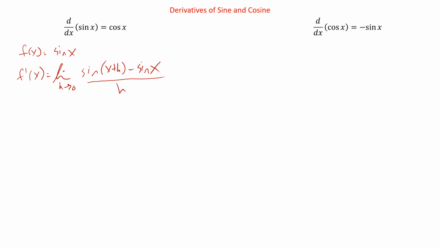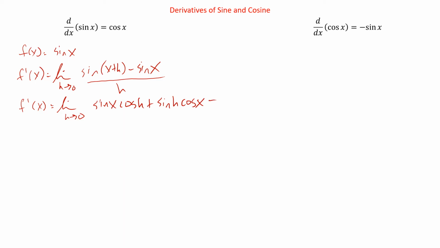Now, we can't multiply this out because it's not a polynomial. So we have to find some other way of separating out that x plus h. If we remember back to our trig addition property that we learned about last year, we know that sine of something plus something is going to be sine of x cosine h plus sine h cosine x.